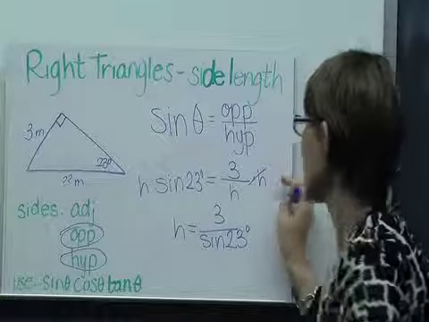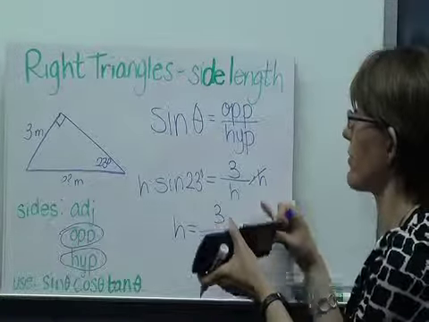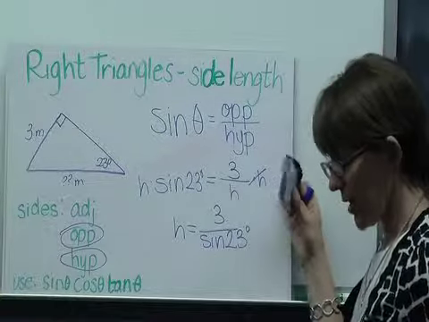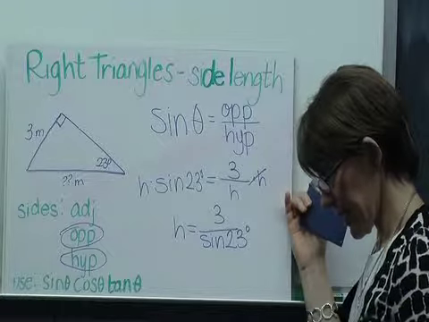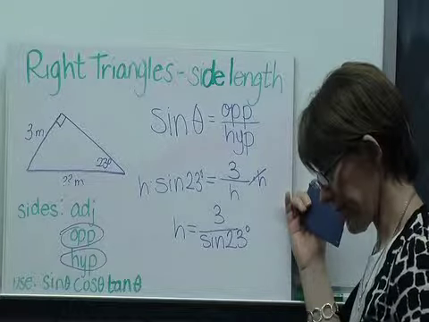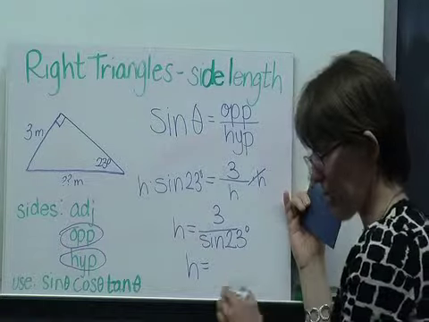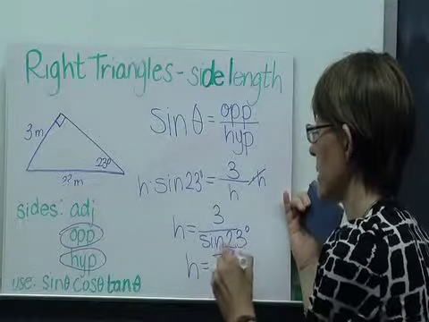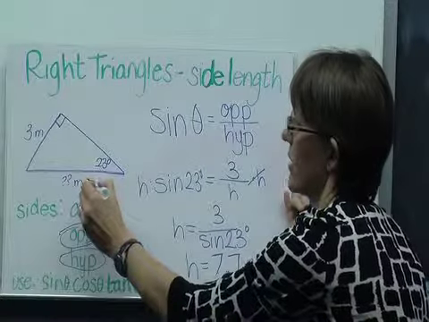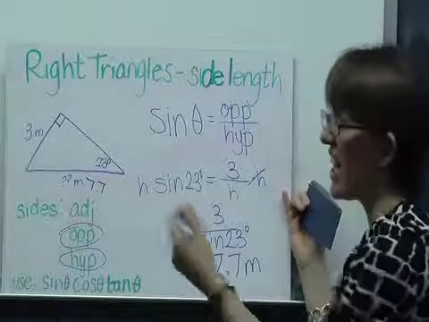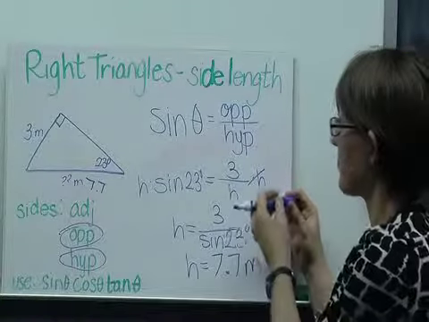And I've got my calculator with me because I don't know the sine of 23 degrees right off the top of my head, but I'm just going to calculate 3 divided by sine of 23, and I get this value for the hypotenuse, 7.7 meters. Looking at my picture, 7.7 looks pretty reasonable. I'd say that looks good.